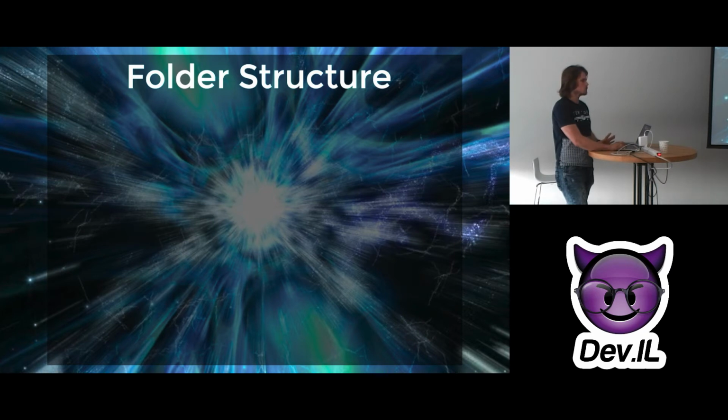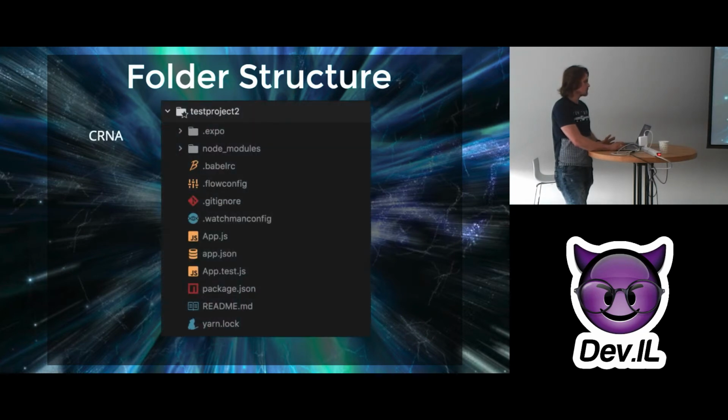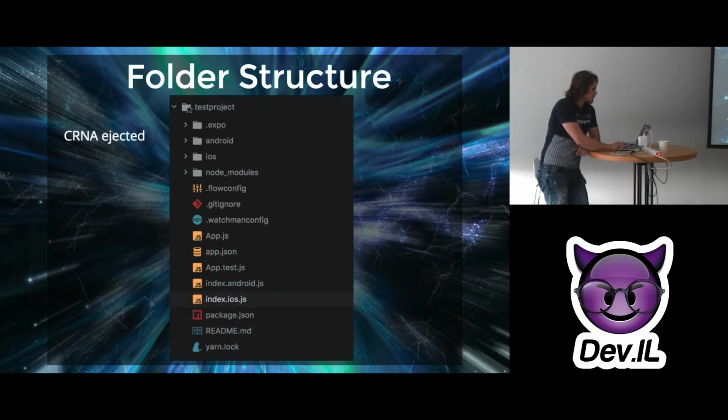Let's take a look at what you get when you create your app. This app was created with Create React Native App. You get a .expo folder with some of the Exponent dependencies, node_modules, .babelrc file, and App.js. Basically, your application sits inside App.js. Then you can, as I said, always eject this app to get the regular React Native project.